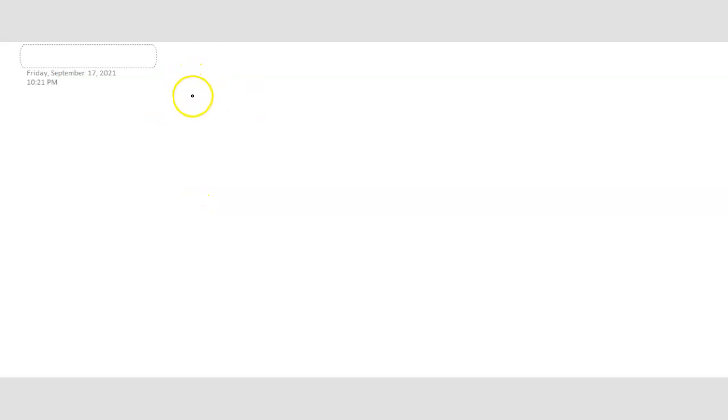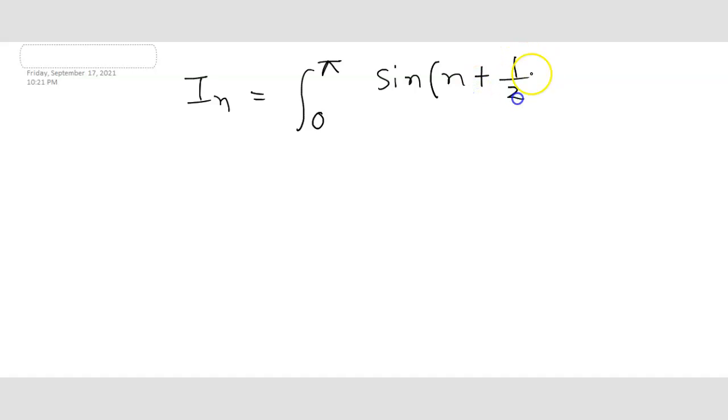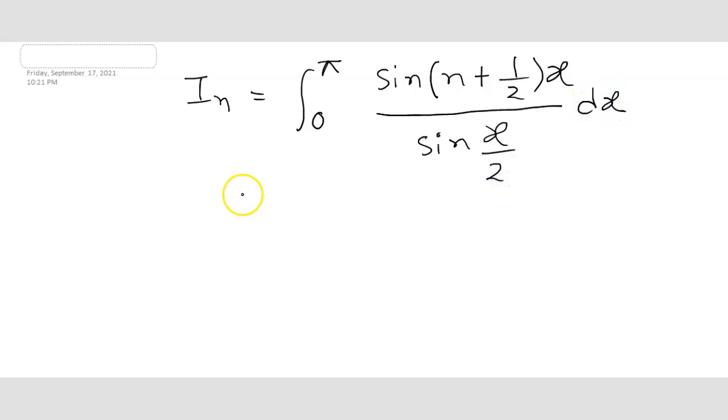Today we are going to solve an integral, and this integral is like this. I_n equals the integral from 0 to pi of sin((n + 1/2)x) divided by sin(x/2) dx, and we have to find the value of this integral.